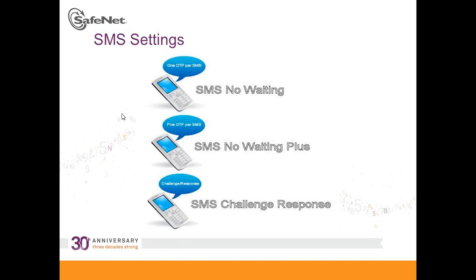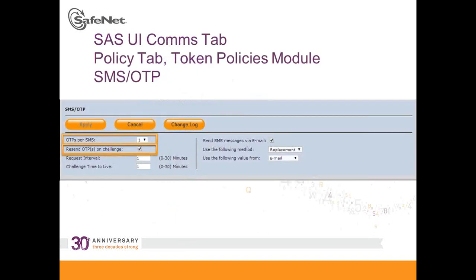Now to set these settings, over on the policy tab under our token policies, we have an entity called SMS OTP. The OTPs per SMS drop-down box will give you the 1 or 5. That means that every time I successfully authenticate, the SMS gateway will send me my next 1 code or my next 5 codes.